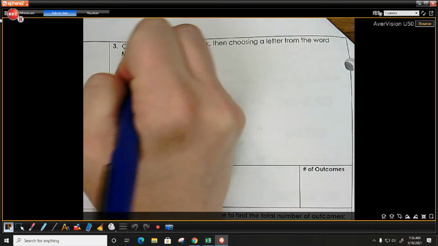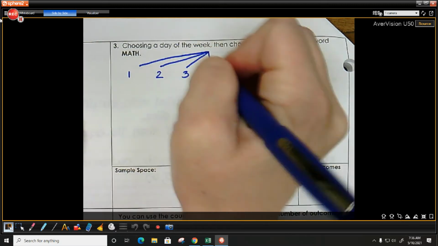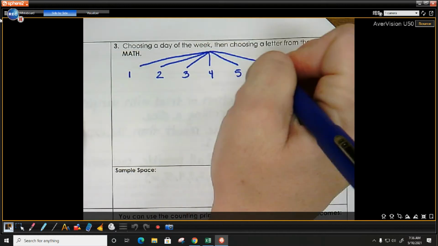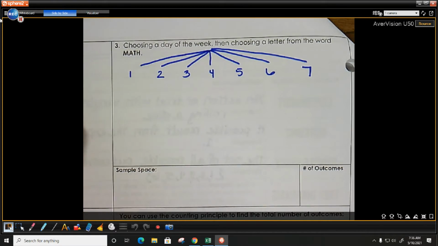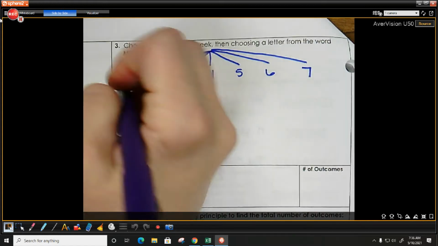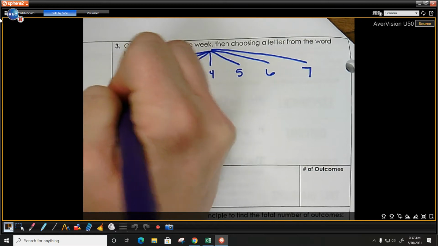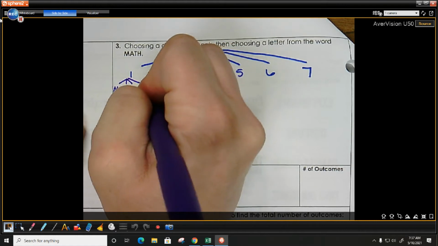So, day 1, day 2, day 3, day 4, day 5, day 6, and day 7. So I'm choosing one of the days of the week. Then I'm choosing a letter from the word math. So M, A, T, H for all of my days.